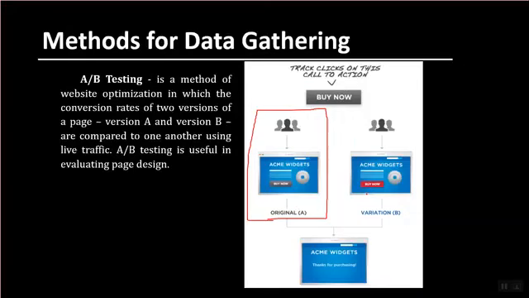So if the original has the most traffic, then definitely we will still implement the original version. But if the new version has the highest rate of traffic, let's say for example more customers click on this red buy now button, then definitely we will implement this button onto our system.